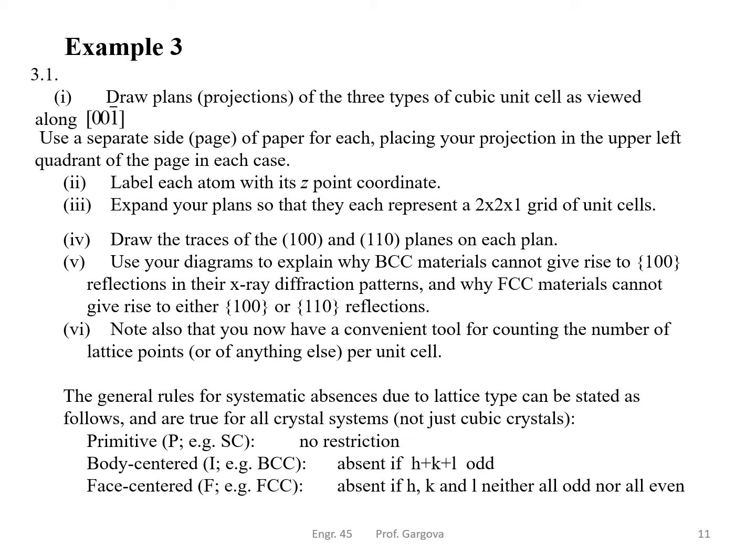However, for BCC, we know that the sum of the HKL for a plane has to be even, and therefore no reflection will occur if the sum of HKL is odd. For face-centered cubic, reflection of X-rays will occur for planes that are either all odd or all even, meaning the HKL has to be all odd or all even. However, if that's not the case, we will not be able to see it.